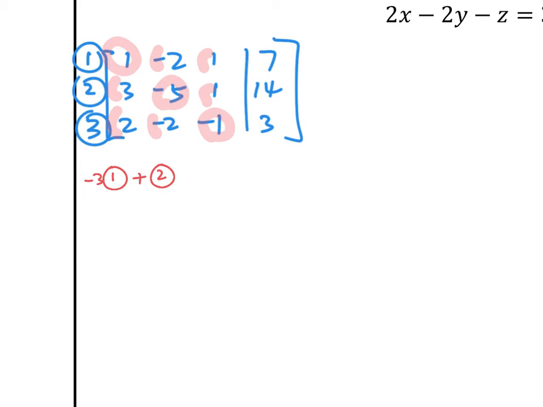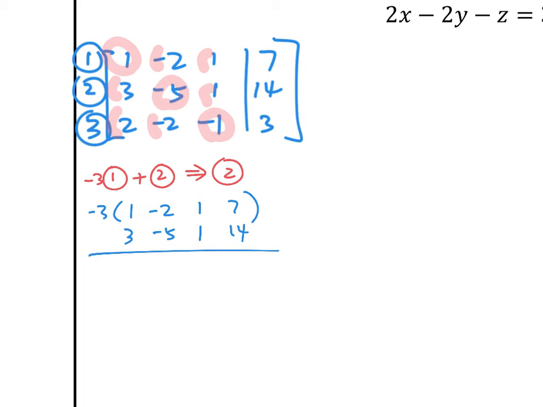So if this had become a -3 and then I add to this row, then this spot becomes a 0, which is what I want. And then that means I'm going to take that result and replace row 2. All right, so let's do that. -3 times the first row, so every number in the first row, and then add to row 2.